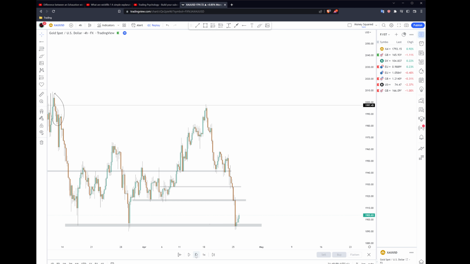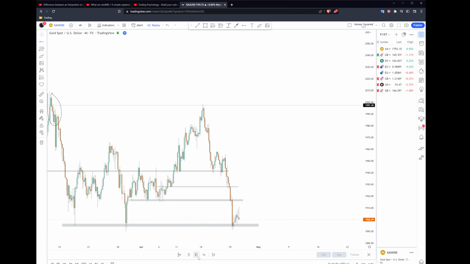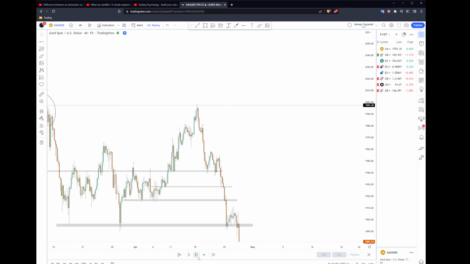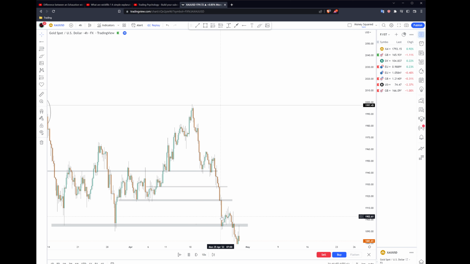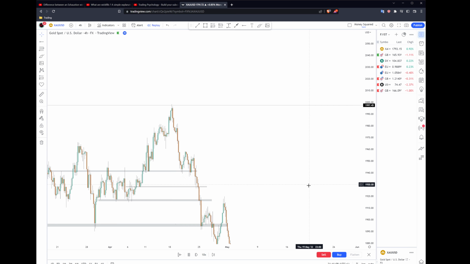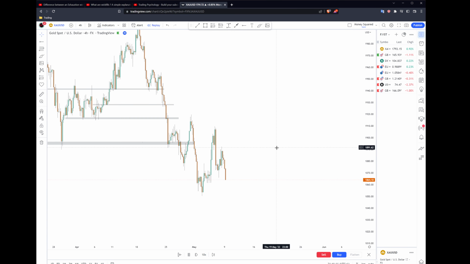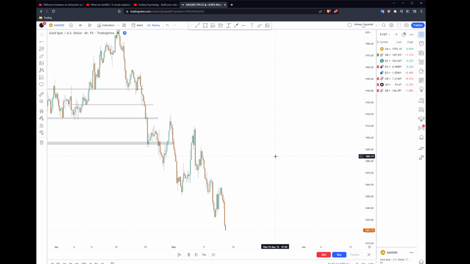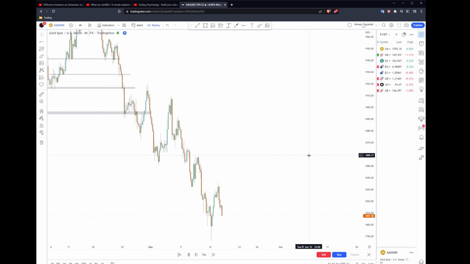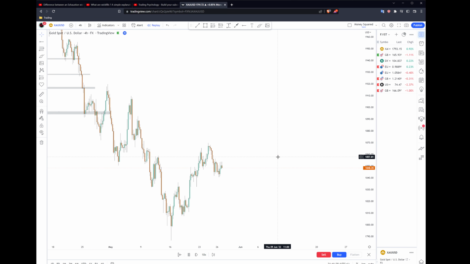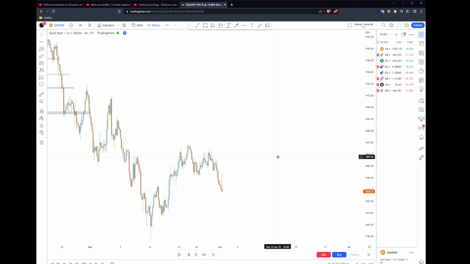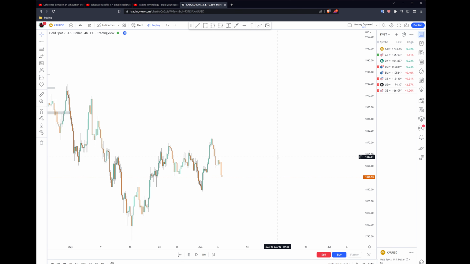So yeah, this is support and resistance. I don't think it was a very good explanation that I made, but this is just to give you a small understanding of what support and resistance is.